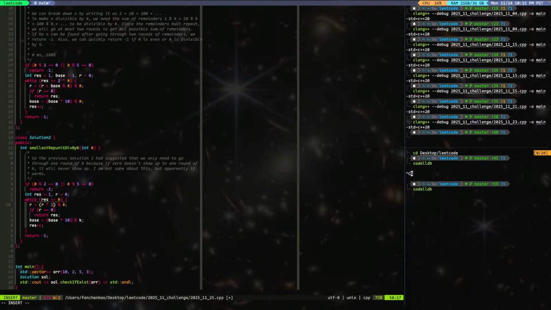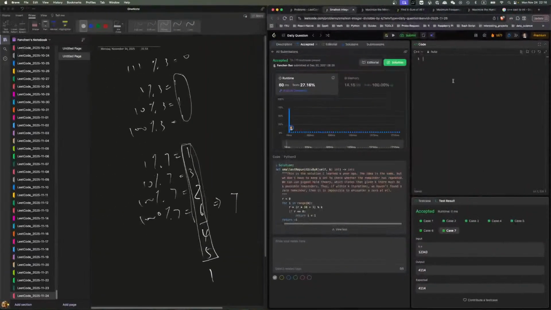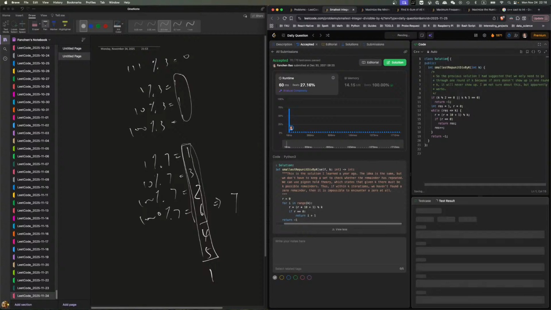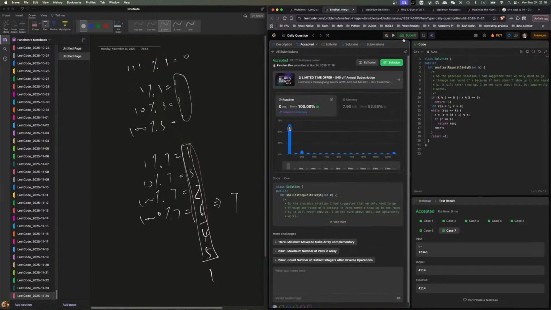So R times 10 plus 1 mod this. I'm not very convinced, but I guess it makes sense, right? I guess it makes sense.